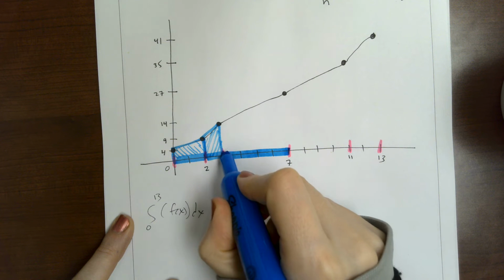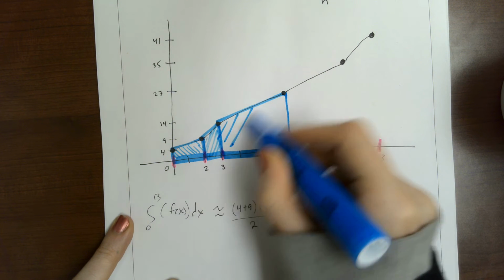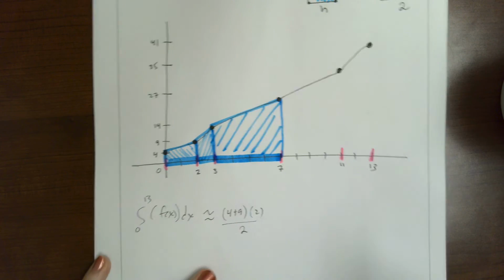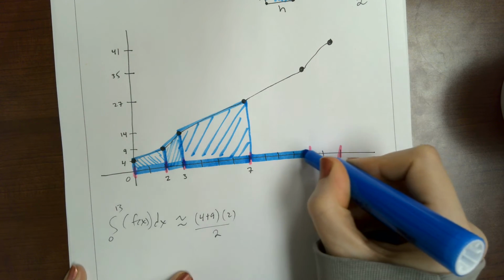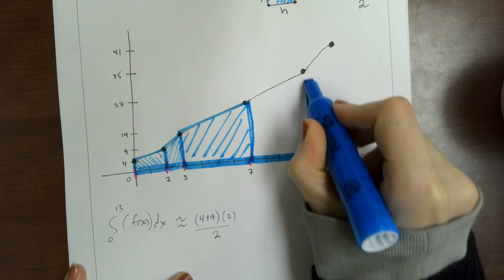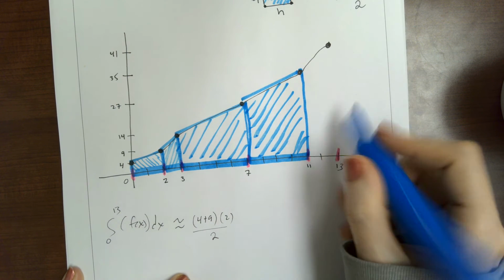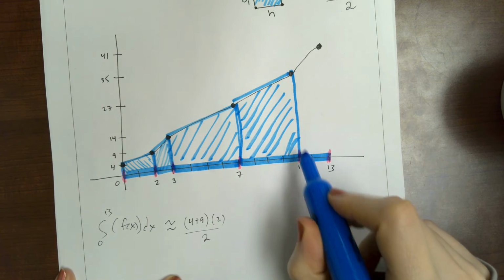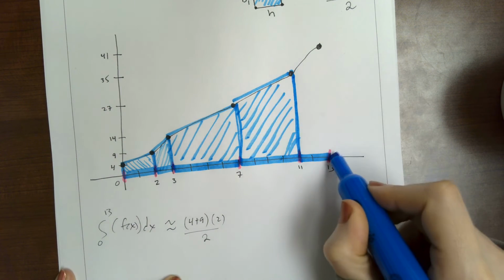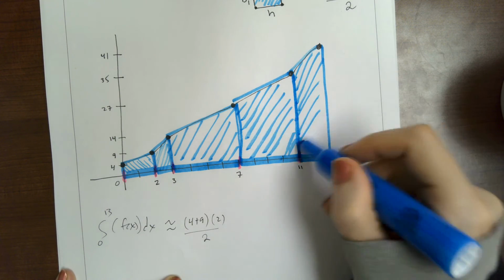Height, base 1, base 2, connect. That's the third trapezoid. Here's the height, base 1, base 2, connect. Height, base 1, base 2, connect.